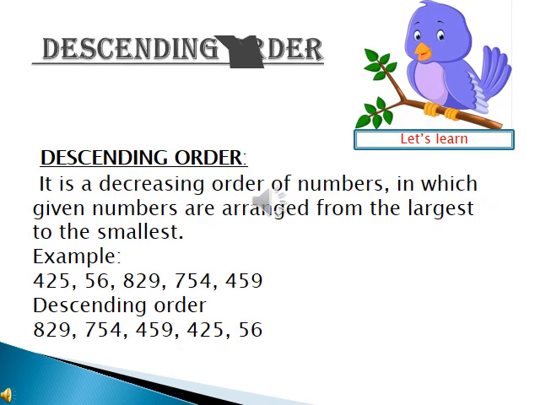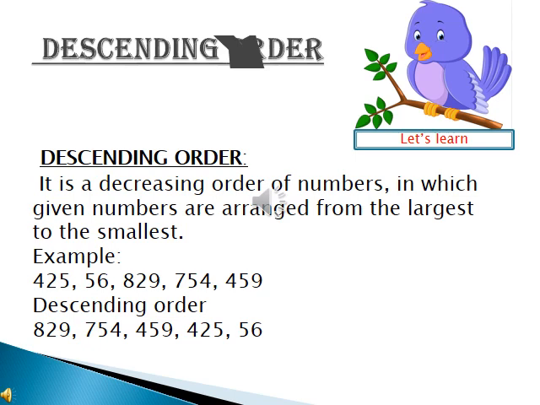Now, descending order. Descending order is a decreasing order of numbers in which given numbers are arranged from the largest to the smallest. Now, I have taken the same example to make it clear. Here, again, numbers are 425, 56, 829, 754, and 459. Now, after comparing, we come to know that 829 is the largest number, so we have to keep it first.